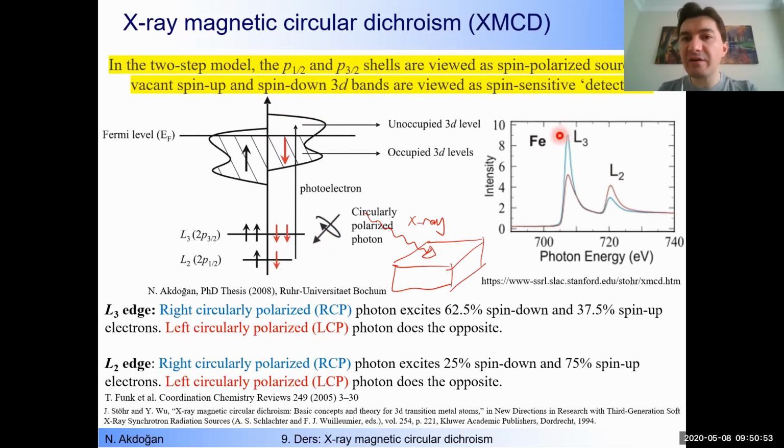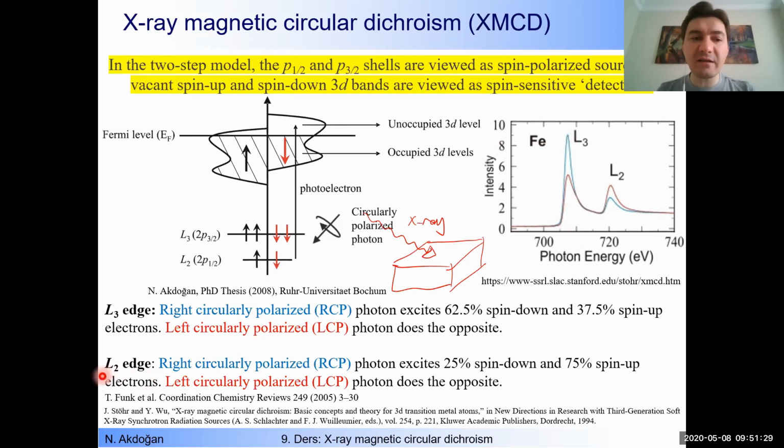Then we have a higher signal here, and for the LCP photons, we mostly excite spin-up electrons and fewer spin-down electrons. For the RCP, we have excited 62%, let's say, spin-down electrons. For the LCP, we excite 37% spin-down electrons. Okay, so there's a difference for the same energy, for the same element, for this reason.